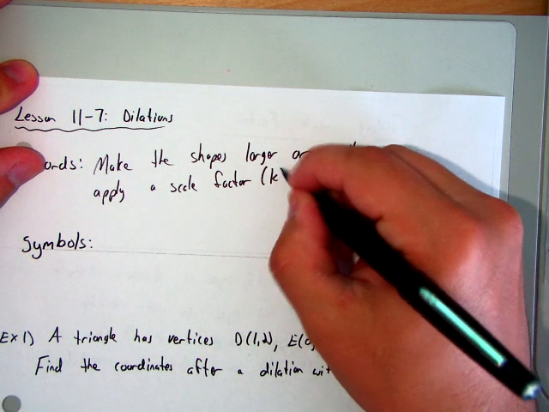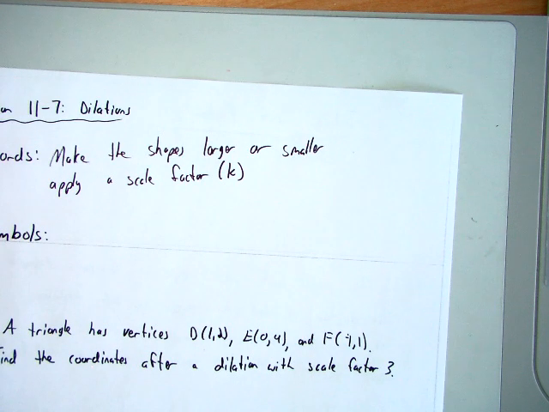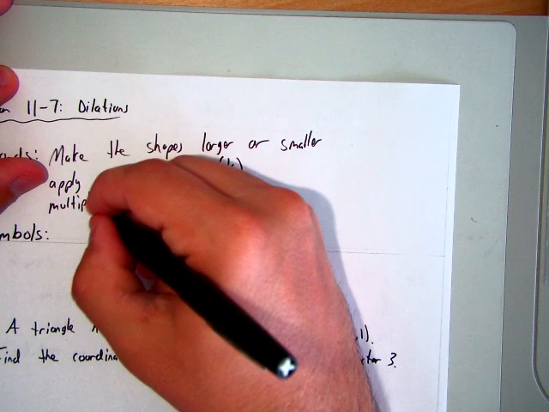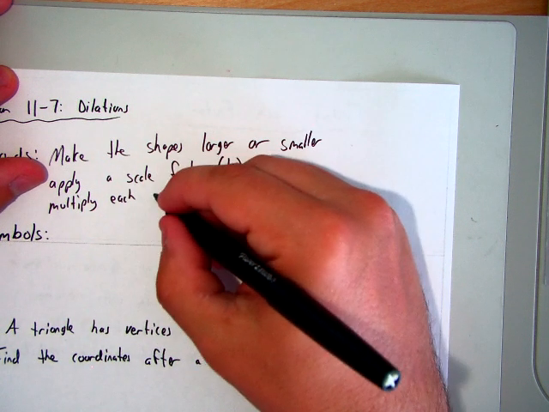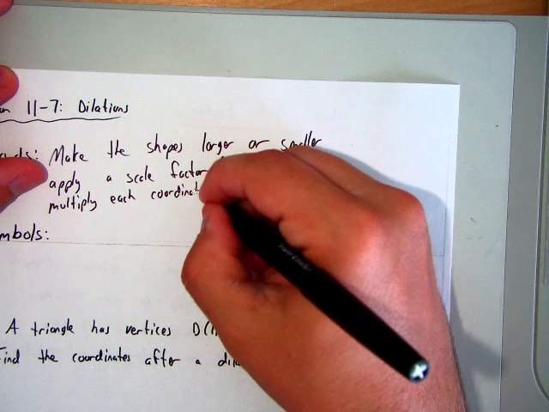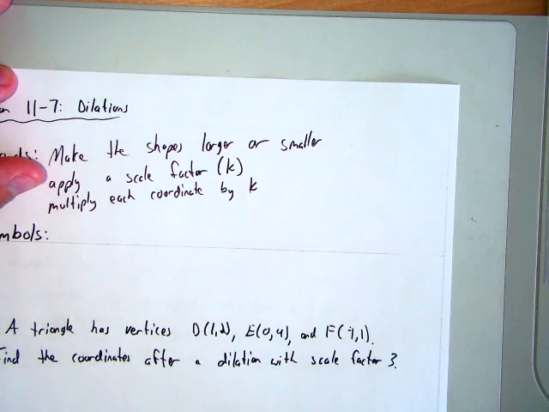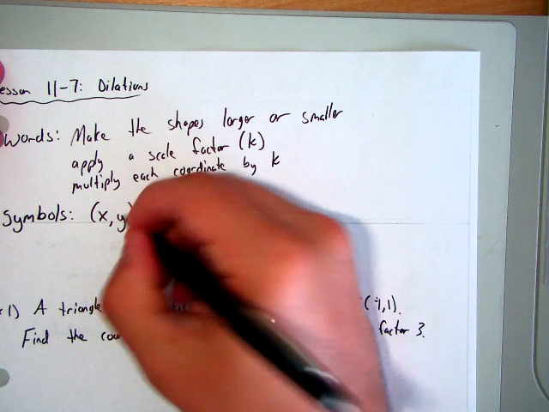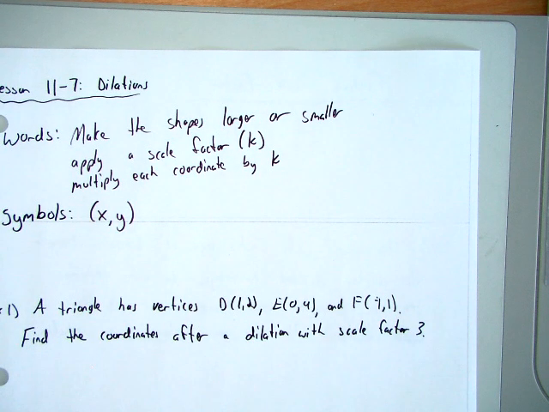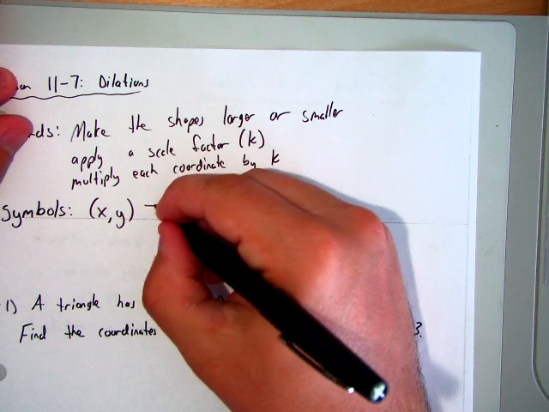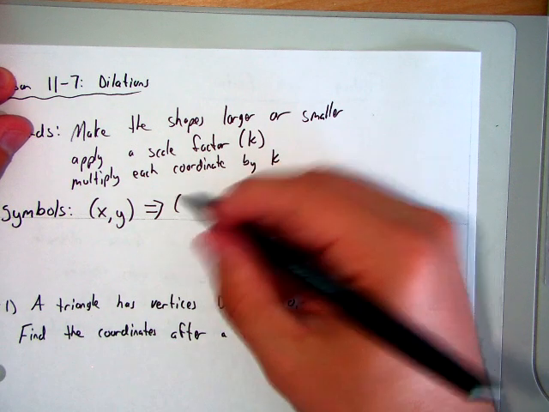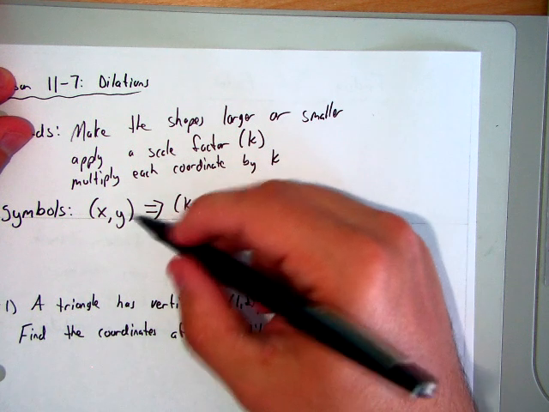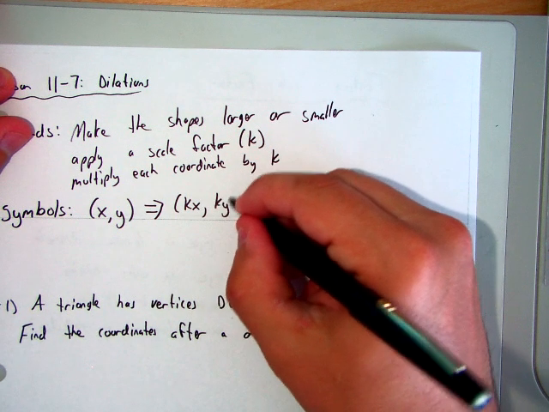And if you recall from earlier in the year, scale factor, we denote that as K. And we multiply each coordinate by K. So if we look at symbols, if the original ordered pair of a coordinate for the shape was x, y, after we apply the scale factor and multiply each coordinate by k, x becomes k times x, and y becomes k times y.